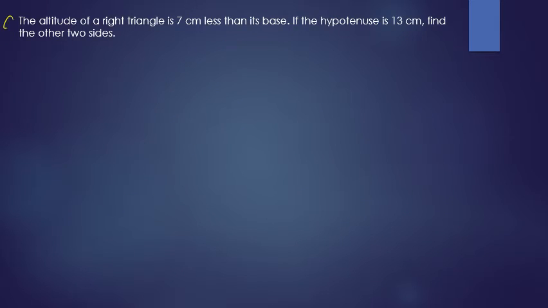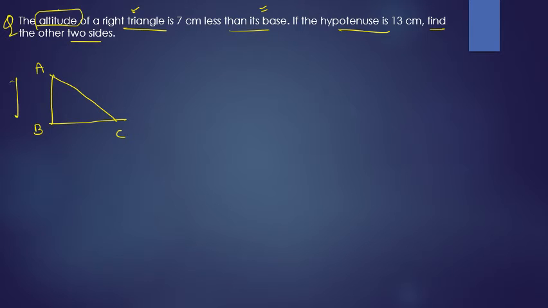Here, the altitude of a right triangle is 7 centimeter less than its base. If the hypotenuse is 13 centimeter, find the other two sides. That means what is given to us is a right triangle, correct? Now, in this right triangle ABC, the altitude, that means height, is 7 centimeter less than the base.